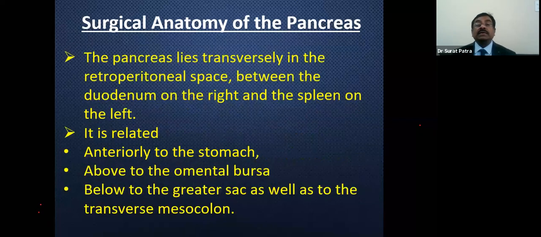The pancreas lies transversely in the retroperitoneal space between the duodenum on the right and spleen on the left. It is related anteriorly to the stomach, above to the omental bursa, below to the greater sac, as well as the transverse mesocolon.